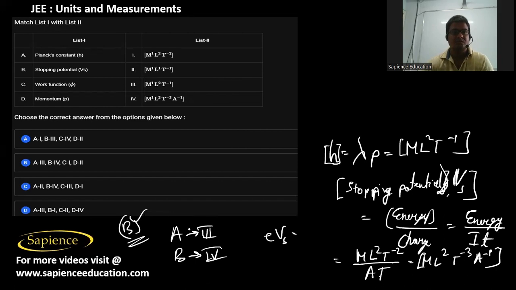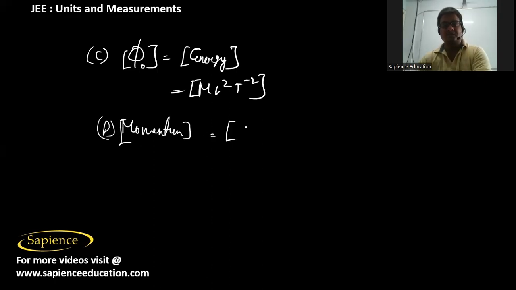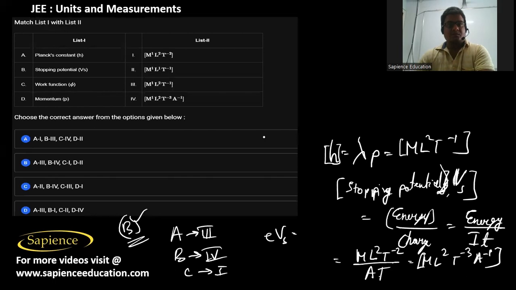So C matches with 1. And D is momentum. Its dimension is mass into velocity, which is ML T power minus 1. So D matches with 2. So option B is the correct answer.